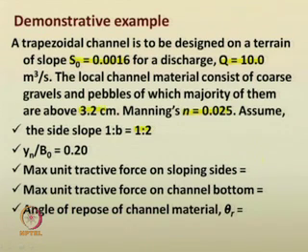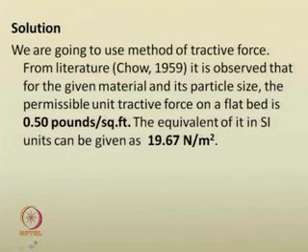The maximum unit tractive force on sloping sides, and the maximum unit tractive force on the channel bottom, can also be available. The angle of repose of the channel material, theta r, is also available for the material. So, let me suggest that you are asked to design a trapezoidal channel.